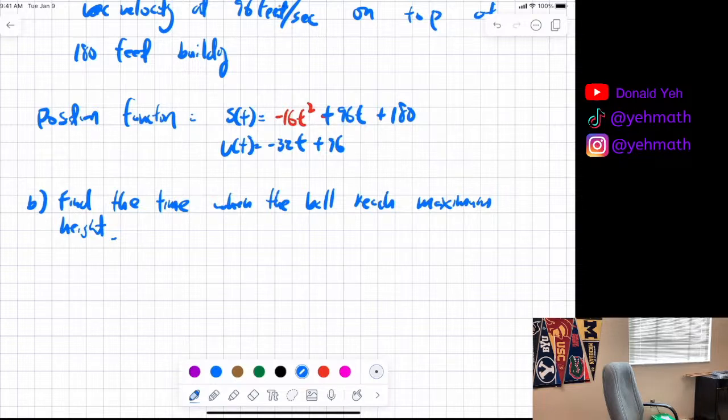So this thing is going upwards. As soon as my marker left my hand, it has some type of initial velocity, but gravity is going to pull it to the ground. So it has upward motion. Velocity has upward motion.